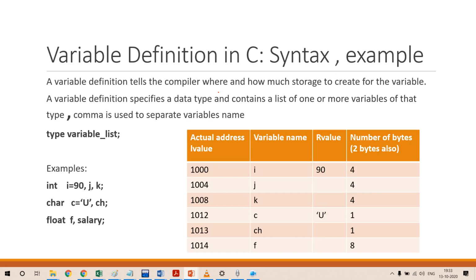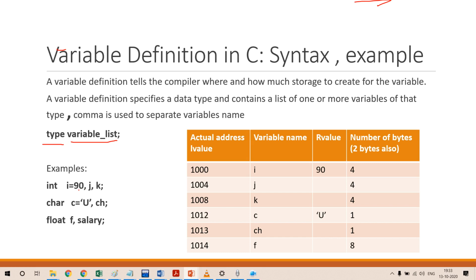Now just for example, how to declare that? We'll see this in this slide. To declare a variable, the data type must be specified with a name. If more than one variable is of the same type, they must be separated with a comma.